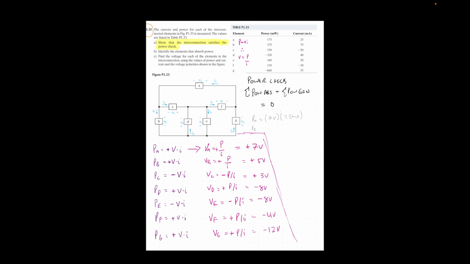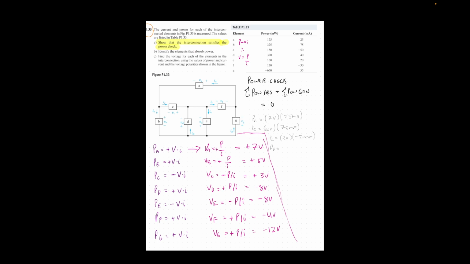My power for B is going to be a positive 5 volts multiplied with the current value that they provide us, which is 75 milliamp. My power for C is going to be my 3 volt positive multiplied with the negative 50 milliamp.